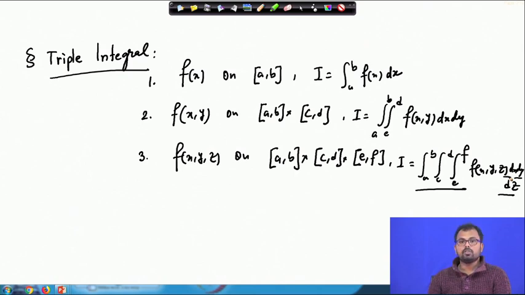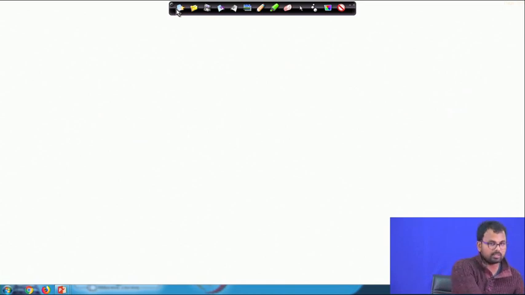We can calculate the upper integral sum and lower integral sum, and from there the upper integral and lower integral, and if they are the same, then the function is said to be integrable on that rectangular region R. Now in case of a function of three variables, the concept still holds, and it goes in the following way. We'll start basically with the definition.